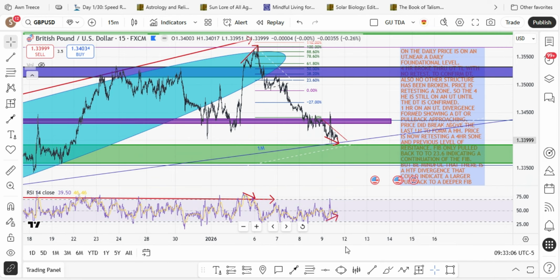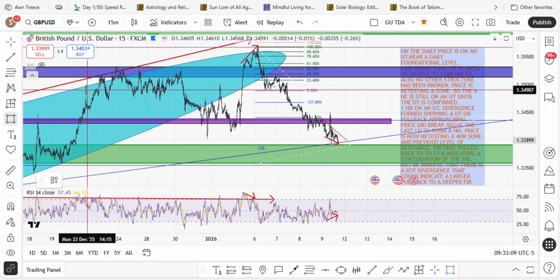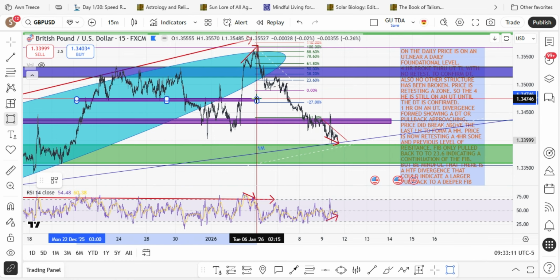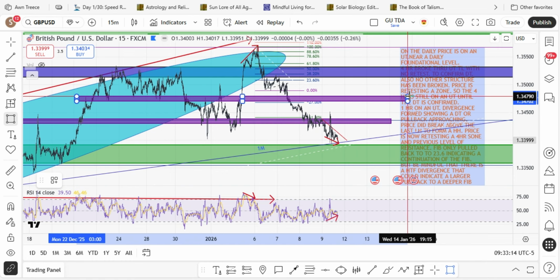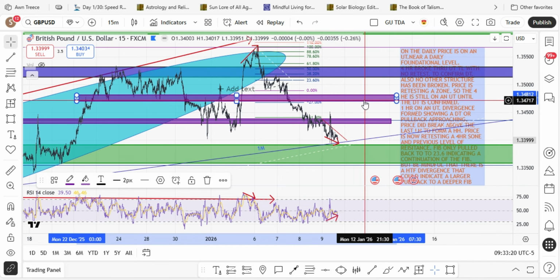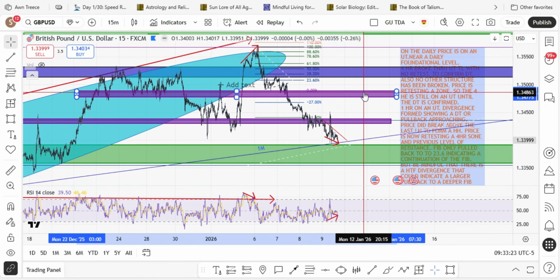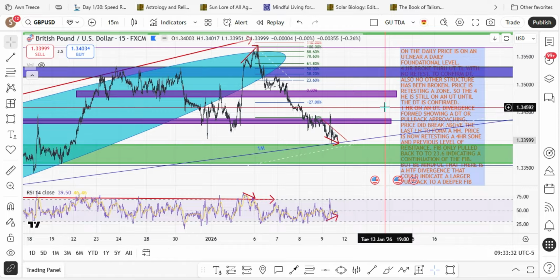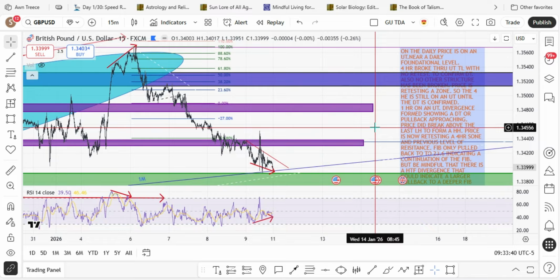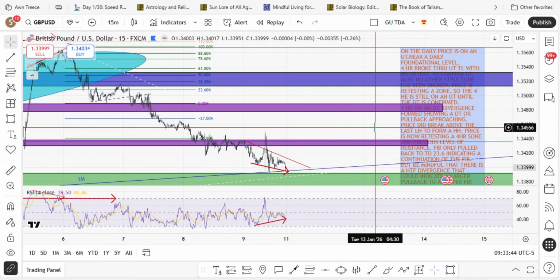Maybe there should be a little zone right here. Okay. Yep, that's it.